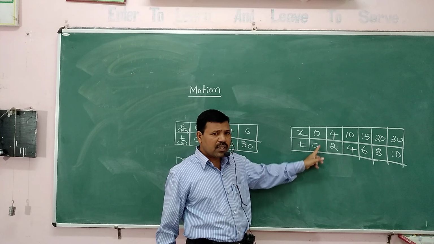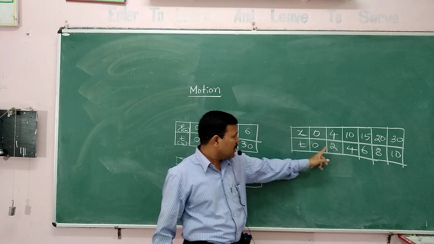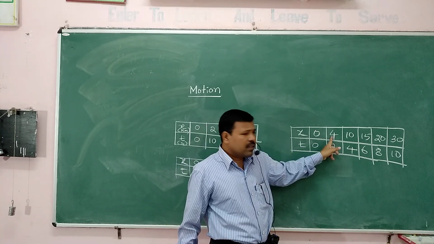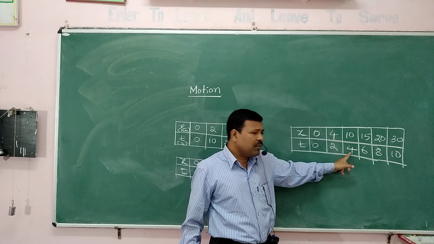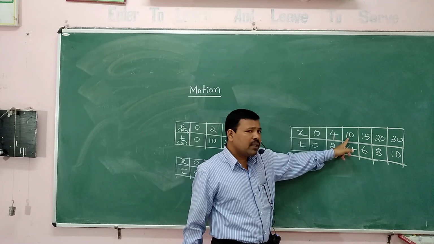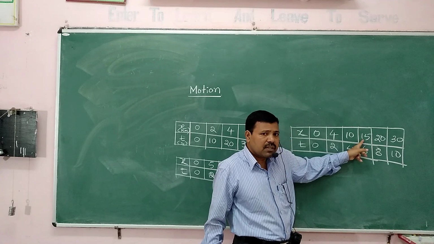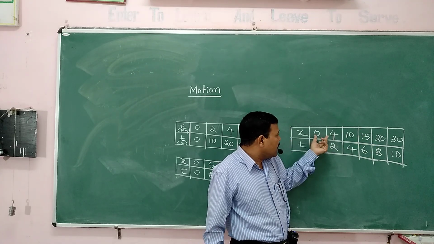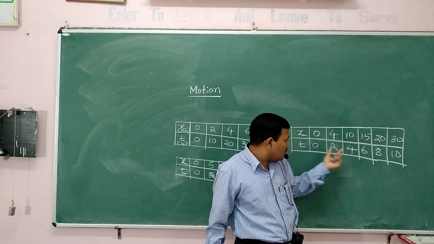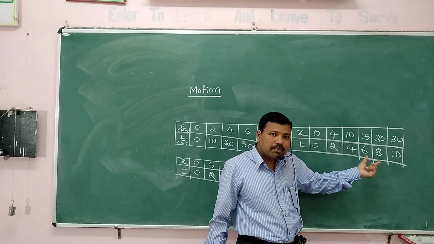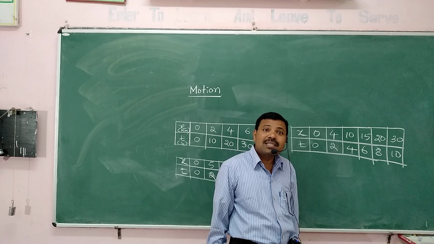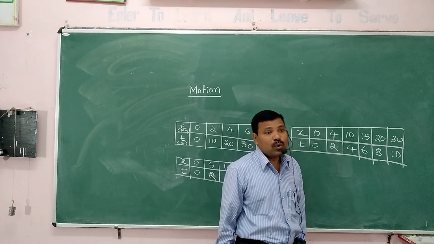In 0 seconds, 0 meter. After 2 seconds, it has covered 4 meters. After 4 seconds, it has covered 10 meters. After 6 seconds, it has covered 15 meters, and so on. So, unequal distances are covered in equal time, or equal distances are covered in unequal time.